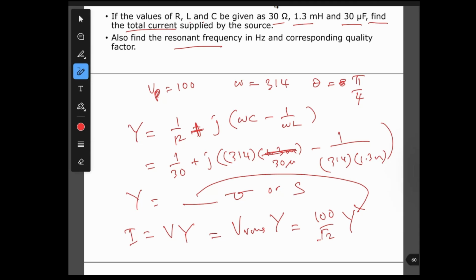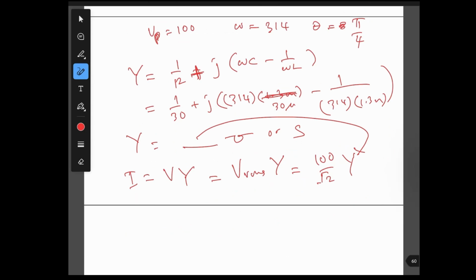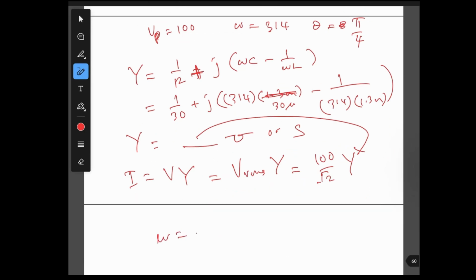And then find the resonant frequency. Omega equal to 1 over the square root of LC. Just substitute the values: L is equal to 1.3 milli, C equal to 30 micro, and you will get the resonant frequency.